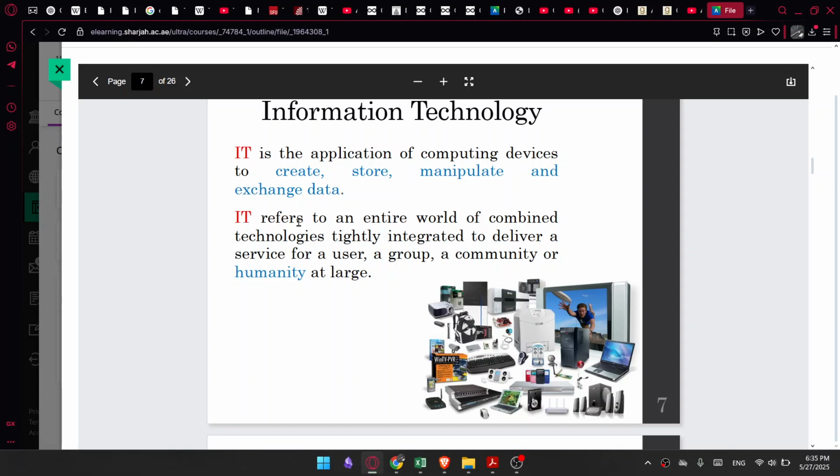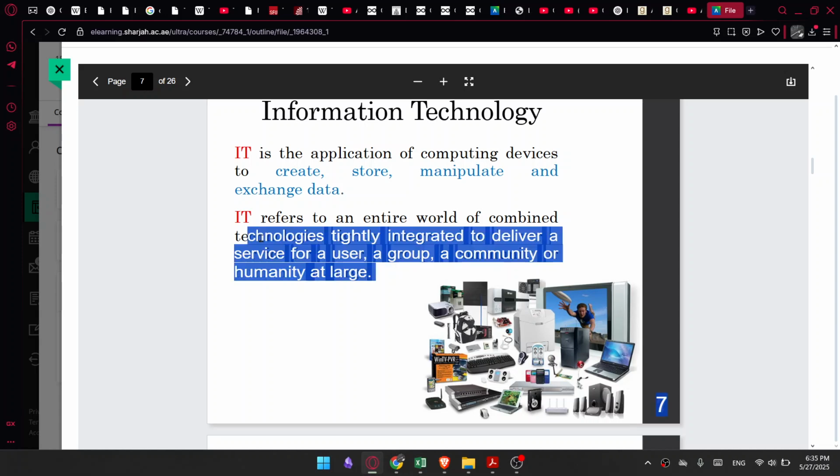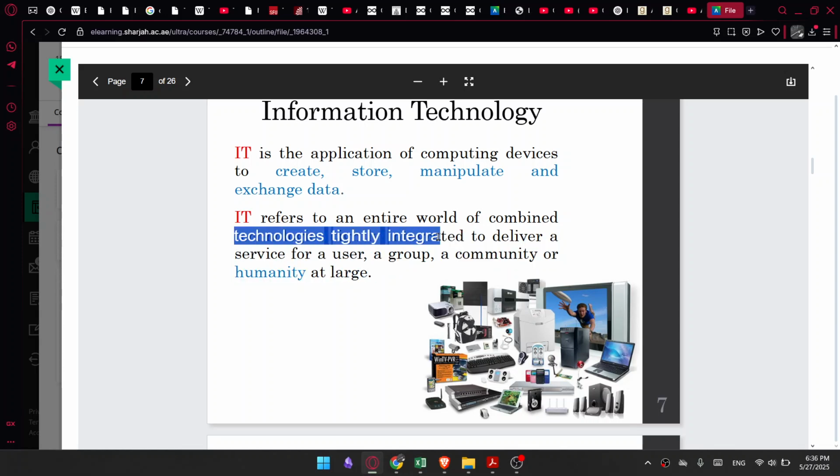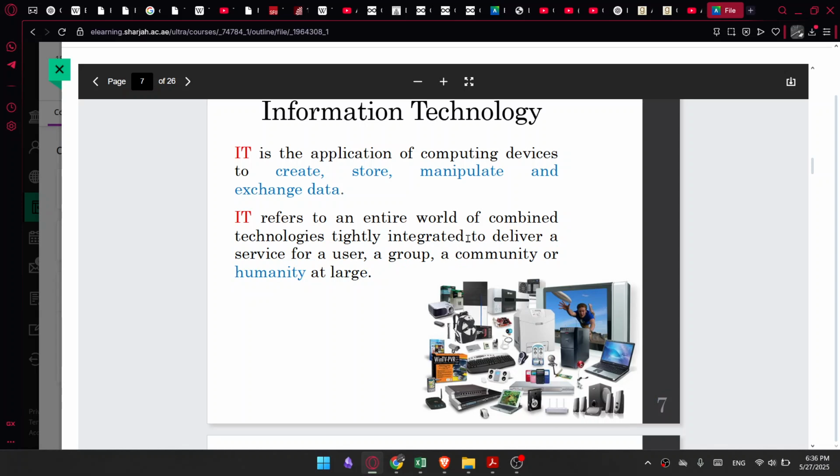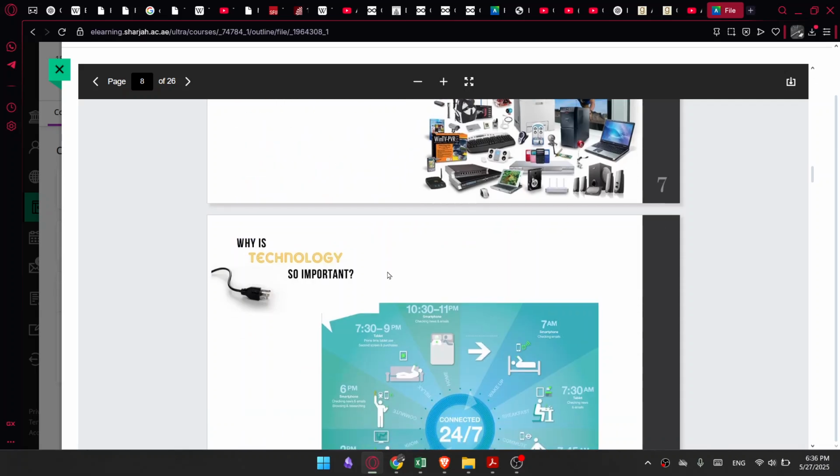And IT refers to an entire world of combined technologies, tightly integrated to deliver a service for a user, which means, for example, we have a group of people that deliver a service for a user, a group, a community, or humanity at large.